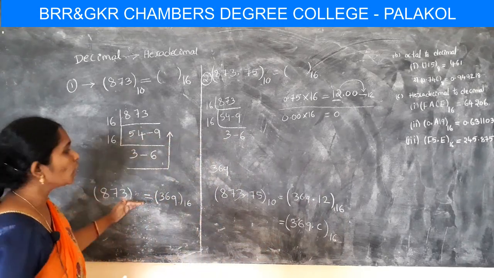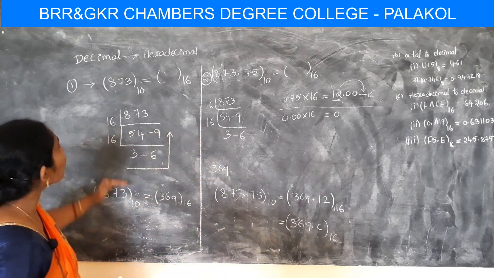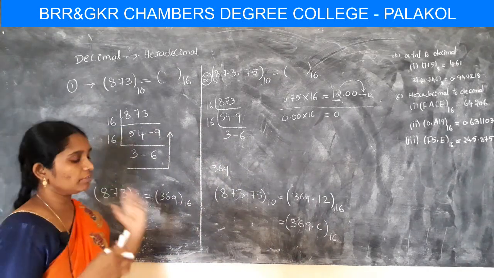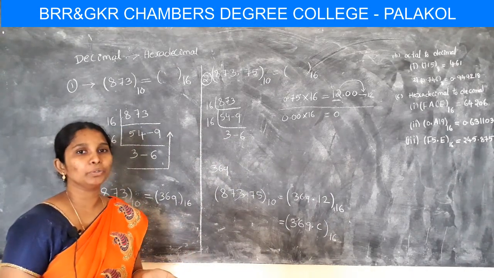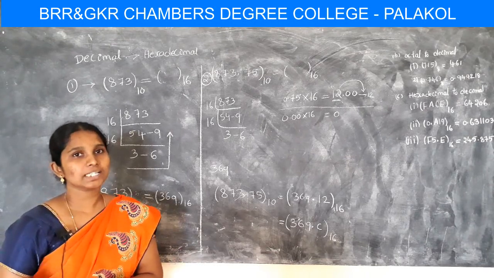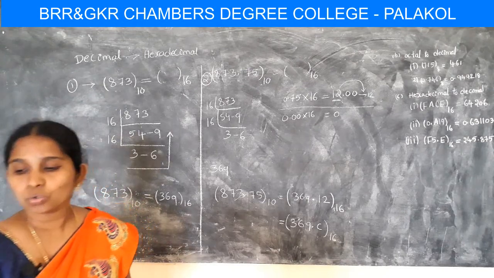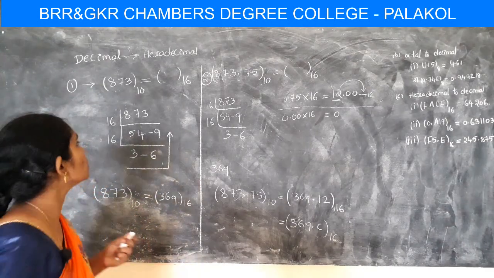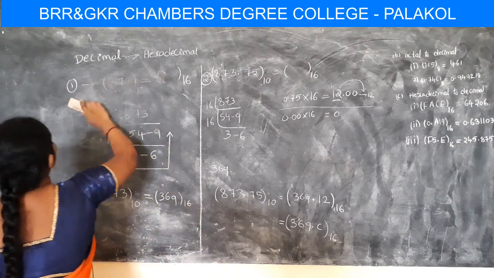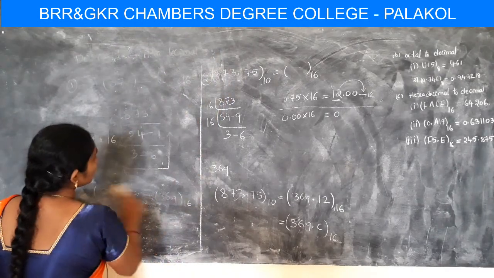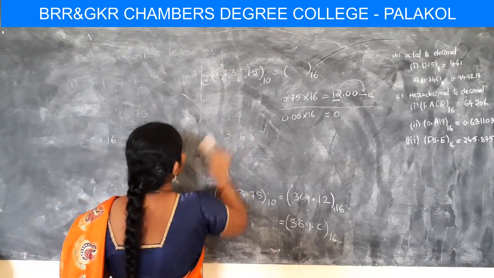So likewise we perform all the operations for any given decimal number to any other number system. Okay. Now I will explain another method, method number 2.